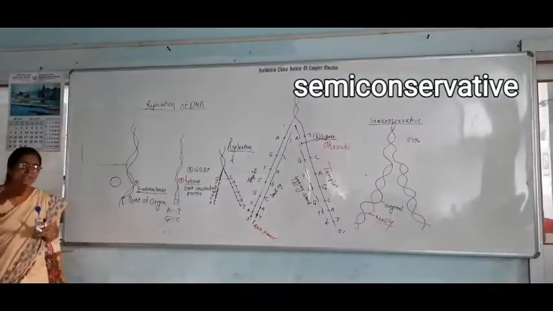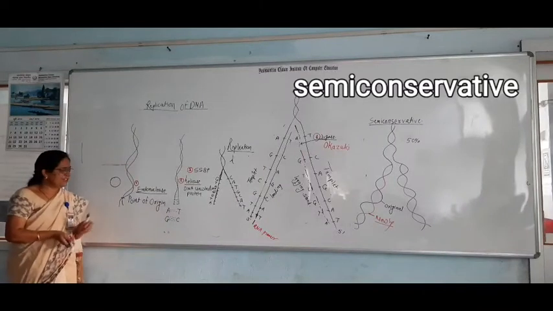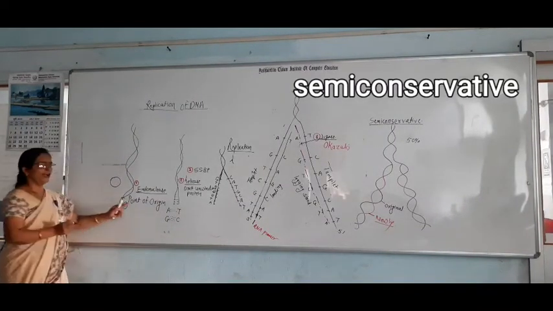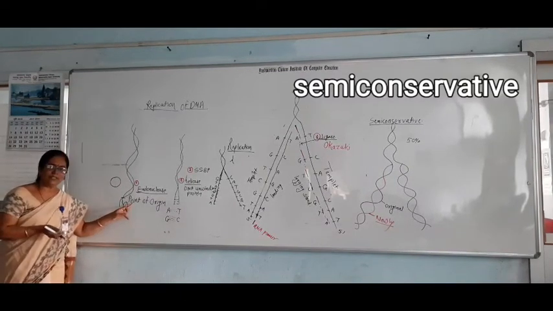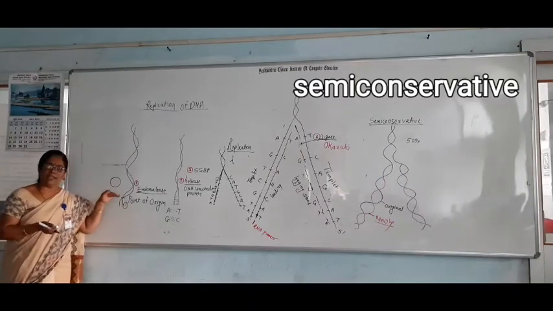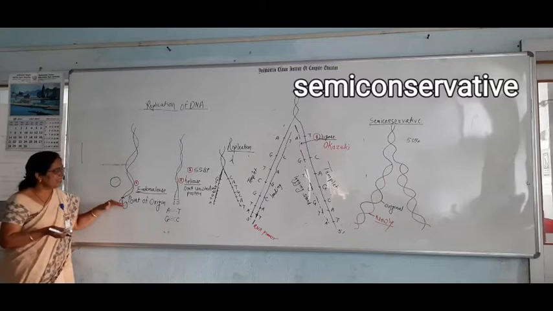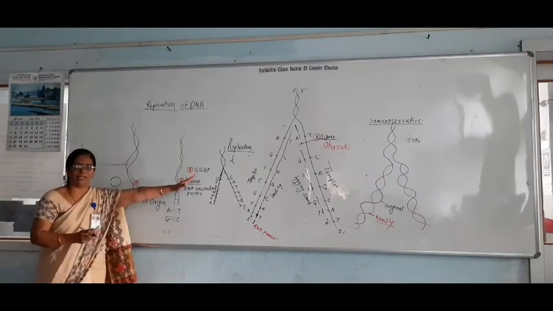Then, which are the different steps in the replication of DNA? Which one is the first step? Point of origin is the first step. That is where the DNA is cut, called the point of origin. Which is another step? Formation of replication core.